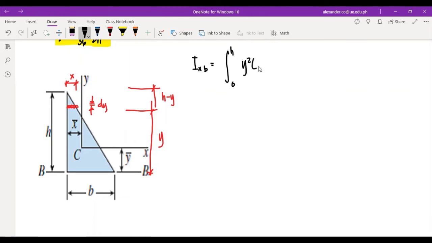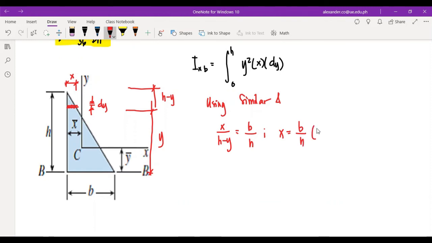So, y squared, again, the derivative area is x dy. Okay? Again, we get x using similar triangles. Of course, your small triangle will have a base of x and a height of h minus y. You have to compare that again to the bigger triangle. So, your x in terms of y will be this one.